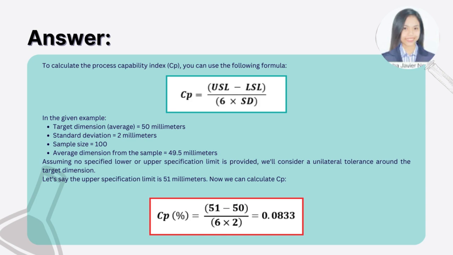Assuming that there are no specified lower or upper specification limits, we'll consider a unilateral tolerance around the target dimension. Let's say the upper specification limit is 51 millimeters. Now we can calculate the Cp. Cp equals 51 minus 50 all over 6 multiplied by 2, and we will get 0.0833.